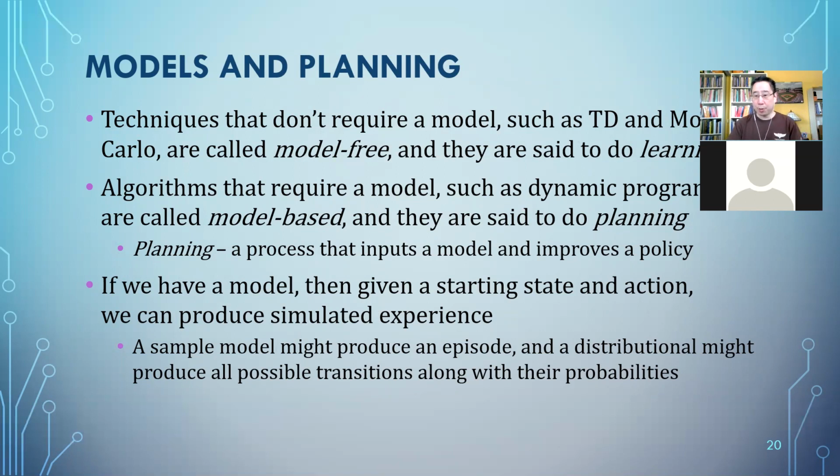We talked about dynamic programming a little while back, and in dynamic programming, we assumed that we had a perfect model of the entire environment. From any given state, we would look at all the possibilities of the different actions and the different successor states you could wind up in, and all the different probabilities of those.